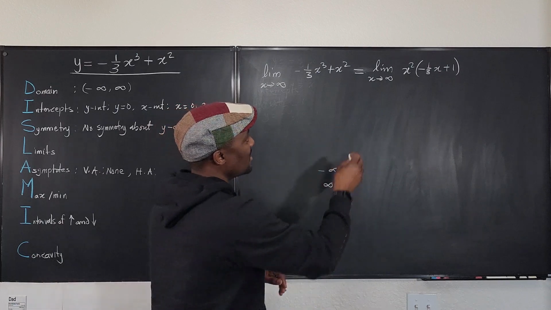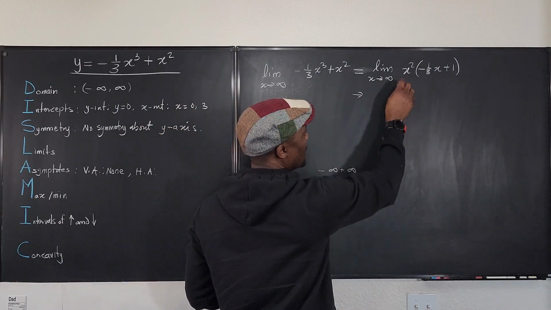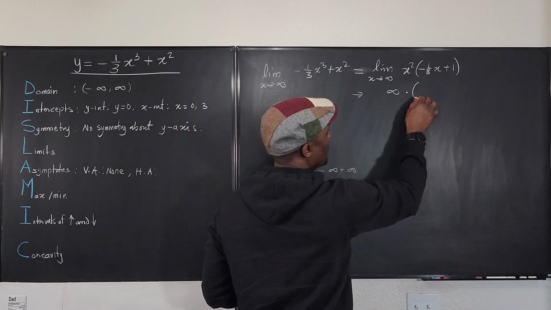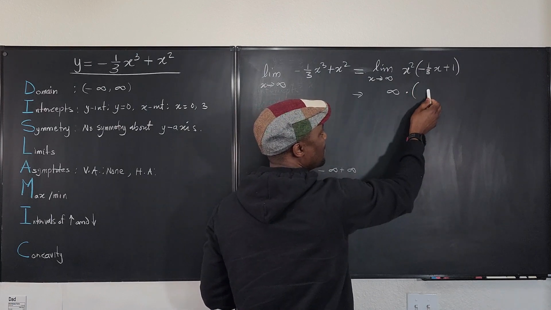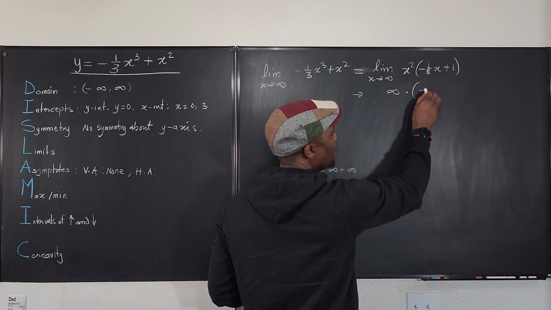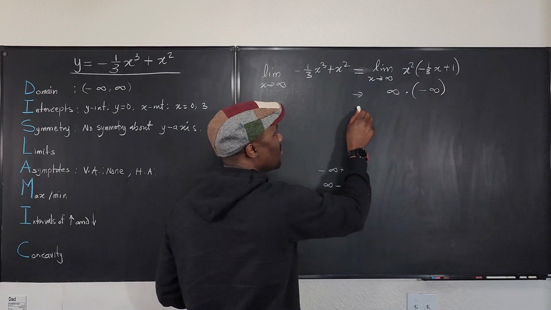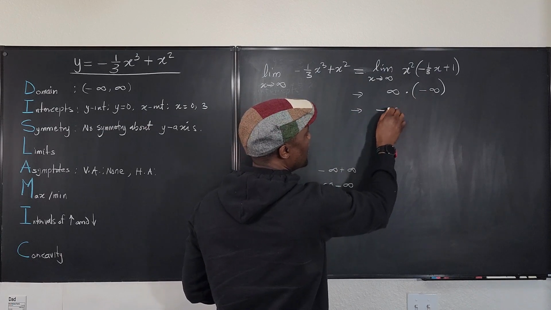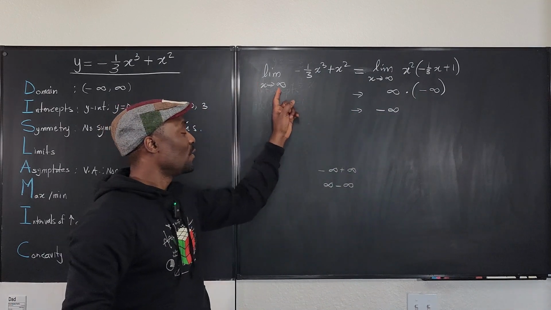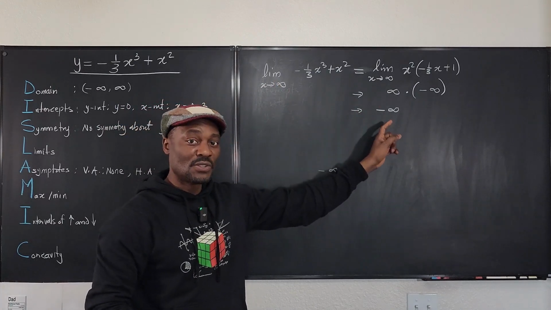So the way this is, we know that x squared is going to go to infinity. And we'll be multiplying by, this goes to infinity times negative will be negative infinity plus 1, which is still negative infinity. So now we can multiply this, and our answer is going to be negative infinity. So as x goes to infinity, the function goes to negative infinity.